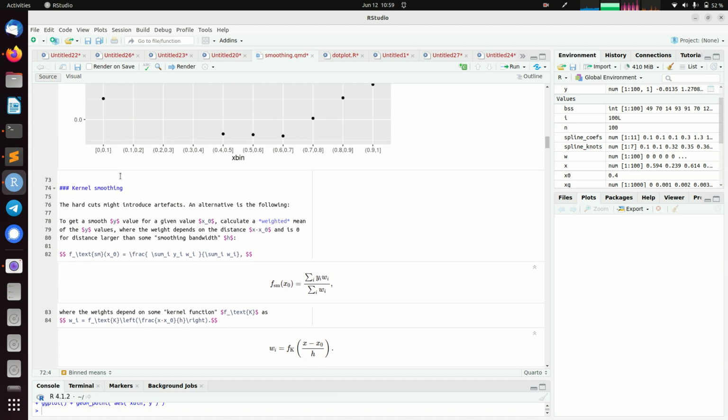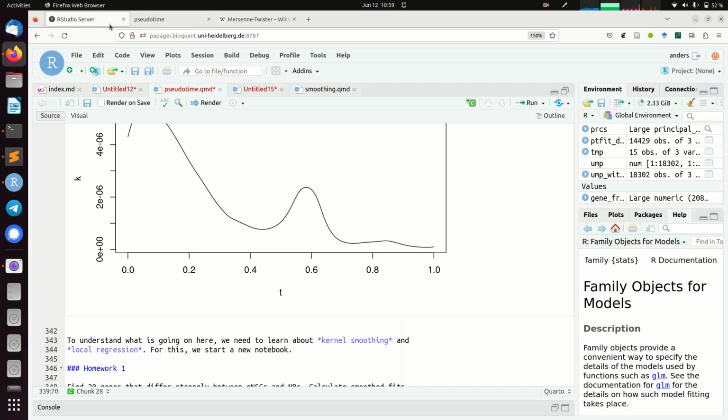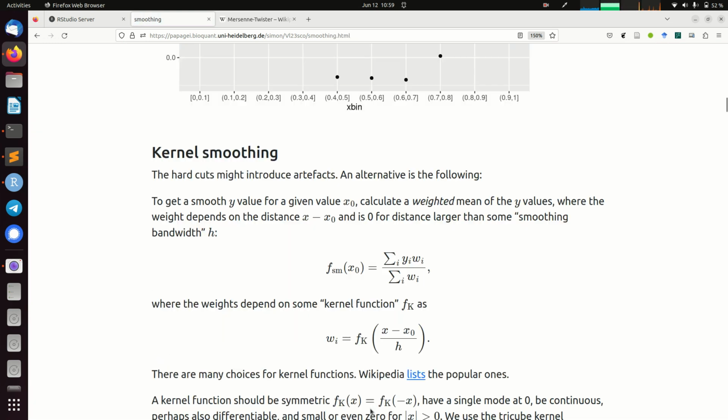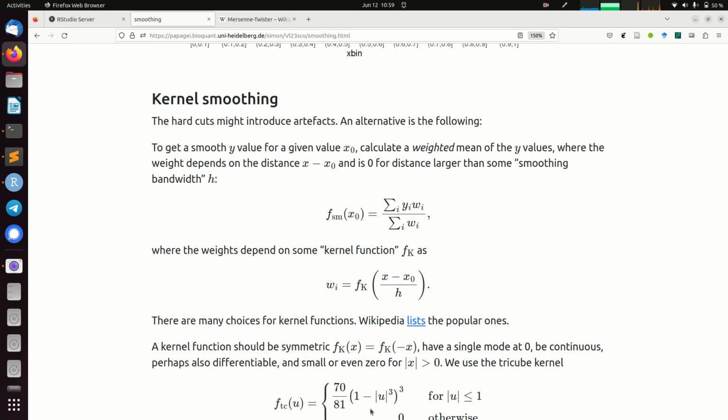sophisticated, and the standard thing that people like to do is what's called kernel smoothing. Kernel smoothing means we want a continuous curve, which I call f smoothed, where for every point x naught, which can be any point between 0 and 1, not only the points we have data for, but everything, we want to find a y value such that we get a continuous curve.